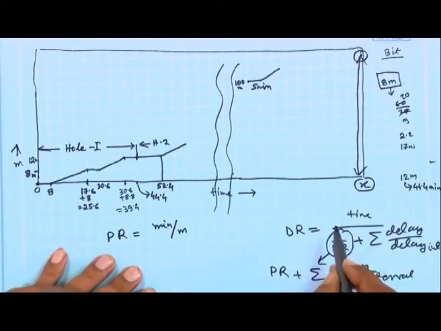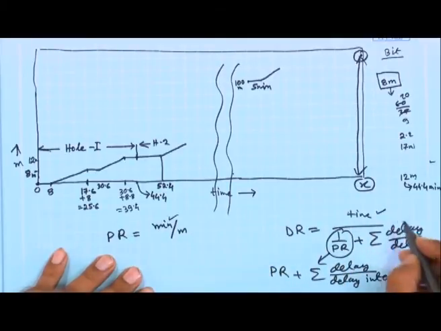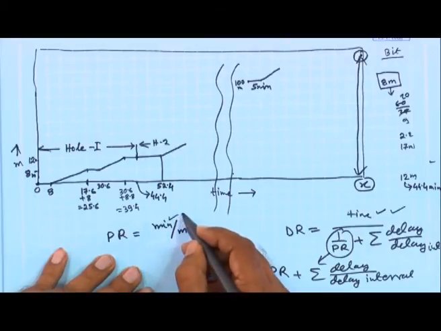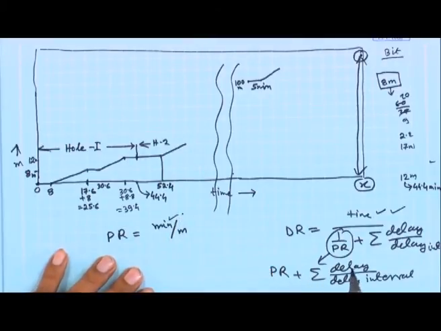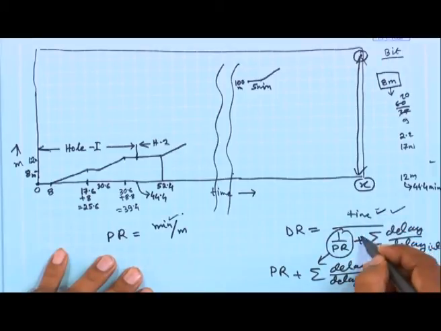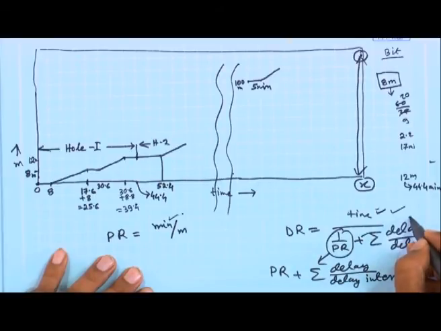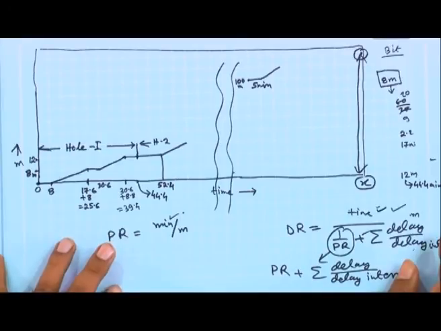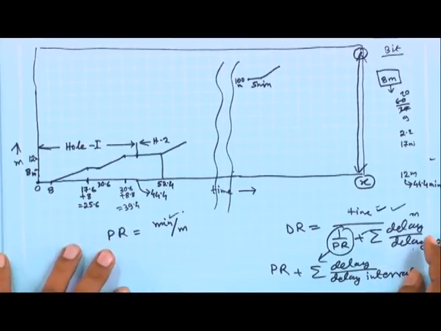So, basically these units should be matched. If it is minute, this must be expressed in minute. If this is in hour, then it must be in hour. So, that units must be matched, and ultimately this time unit will be cancelled from this one, and the length unit, that is meter, will stand at this position. So, while someone is applying this formula, he must be careful for using this one.